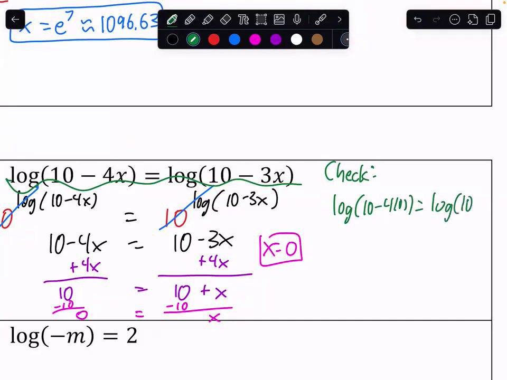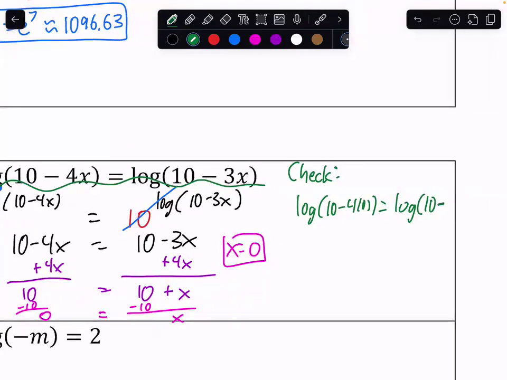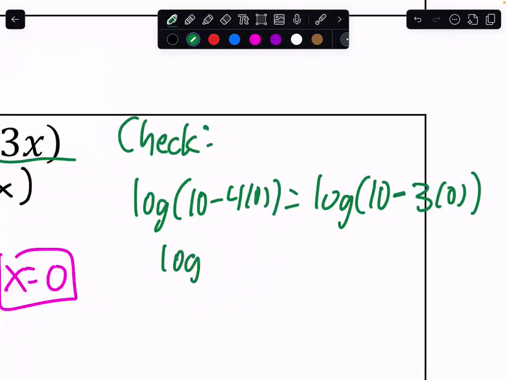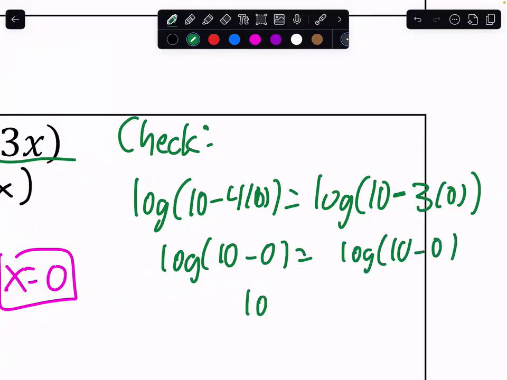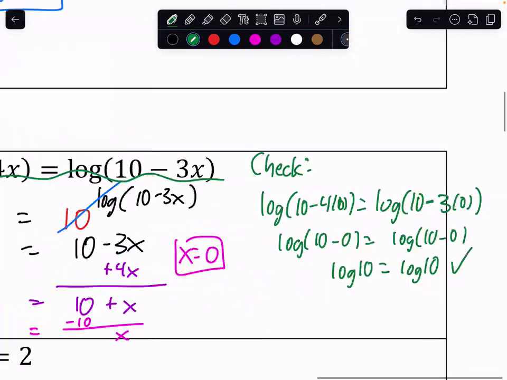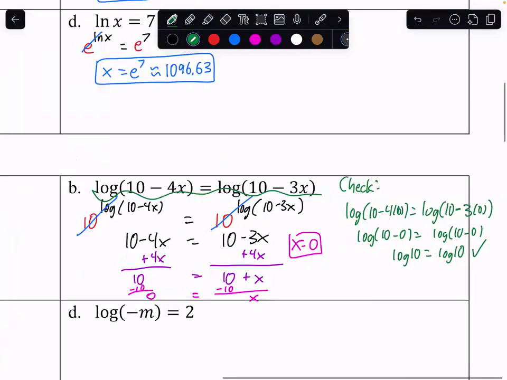The right side becomes log of 10 minus 3 times 0. 4 times 0 is 0. Over here, 3 times 0 is 0. So you see both sides end up equaling log 10, so they're equal to each other. Again, you can always check your own answer through substitution.